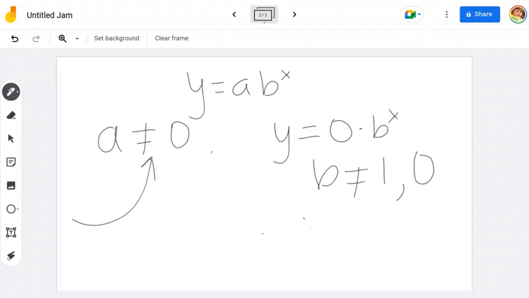If b is 1, a times 1 to the x, then your graph is doing 1 to the first power, 1 to the second power, 1 to the third power, which is always 1. So again, your graph flatlines, and that's not exponential.